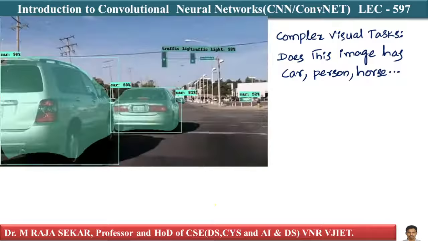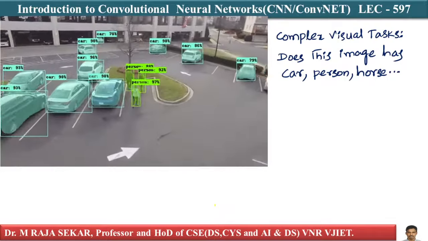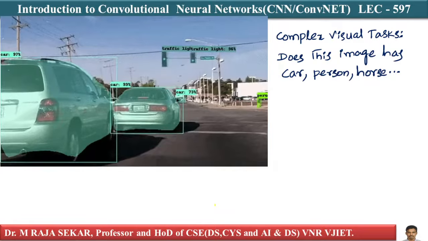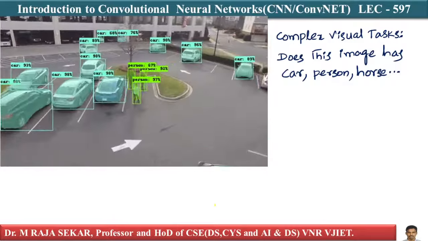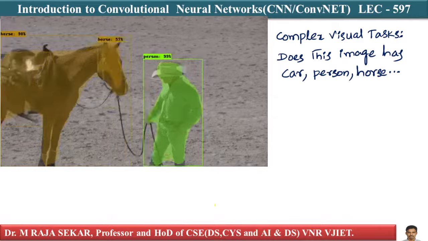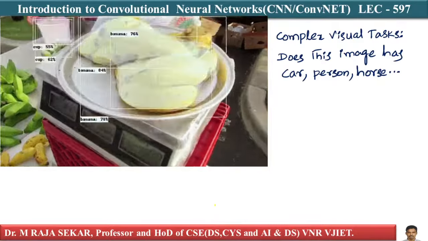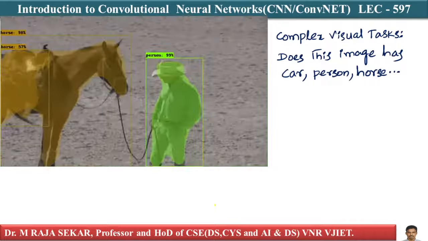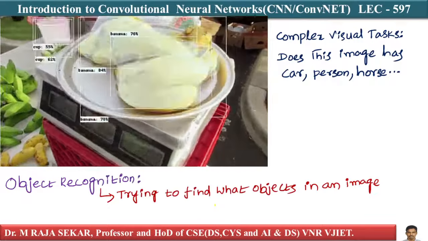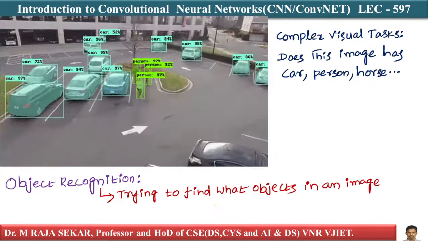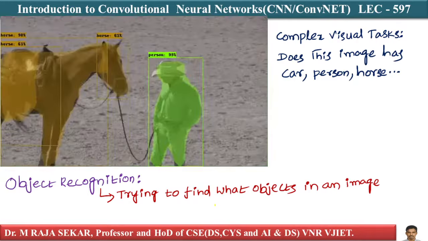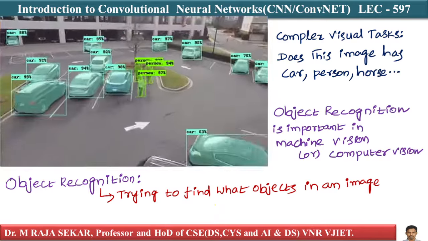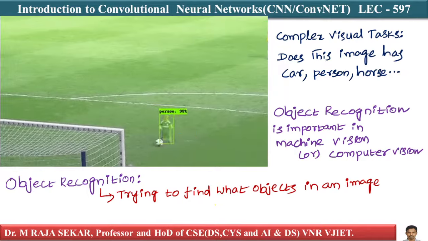In this problem, given an image or video, you are trying to find out what objects exist in the image. That area is known as the object recognition task. It's a very important task in machine vision, or computer vision.